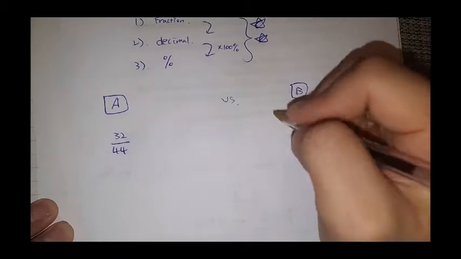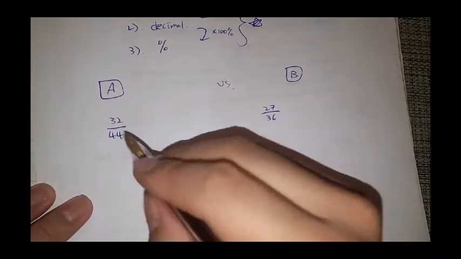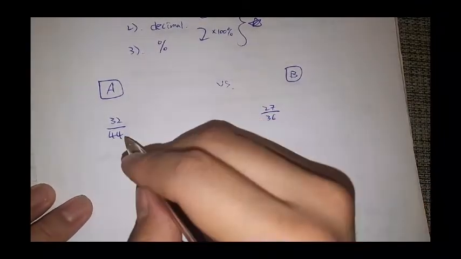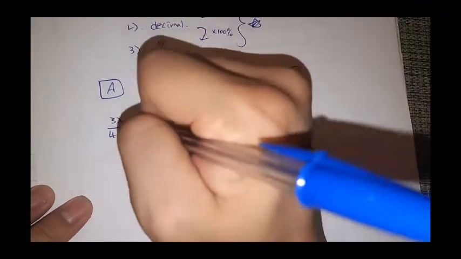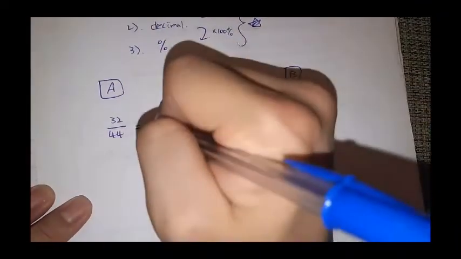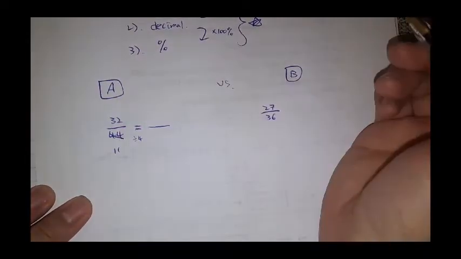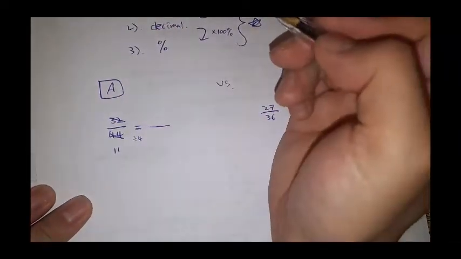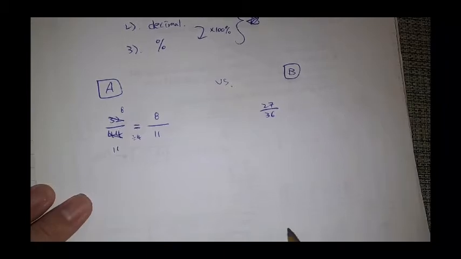The second one is 27 grew out of 36. At this point, neither is simplified, so let's simplify. Why don't we divide everything by 4? Then 44 divided by 4 is 11, 32 divided by 4 is 8. So you have 8 over 11.